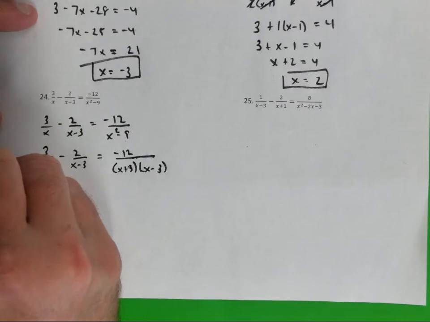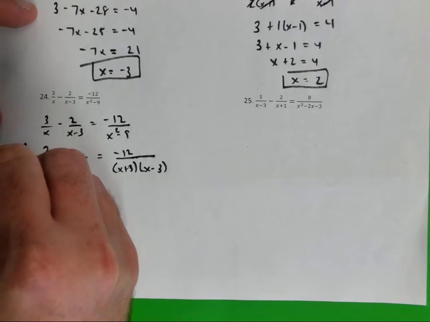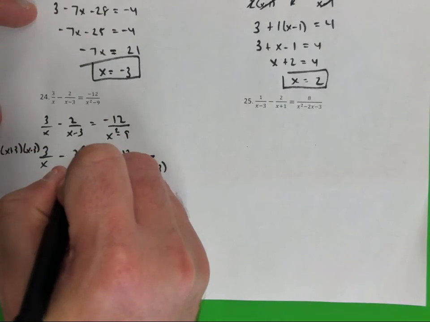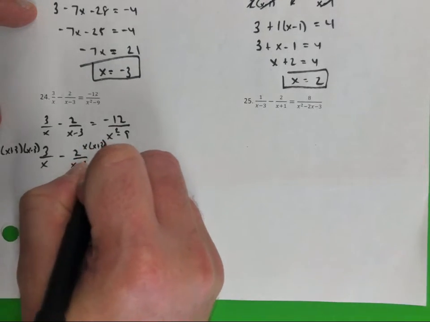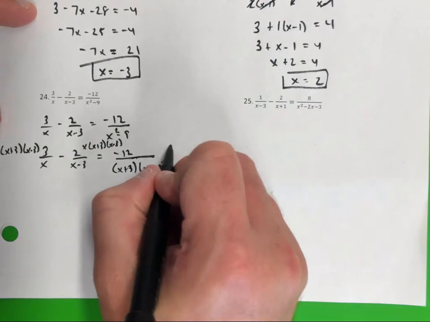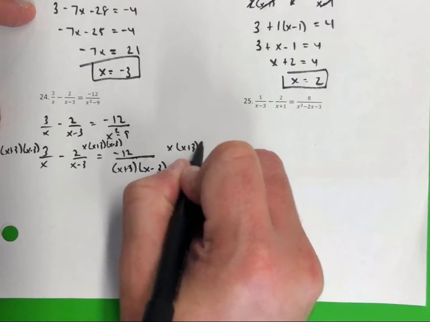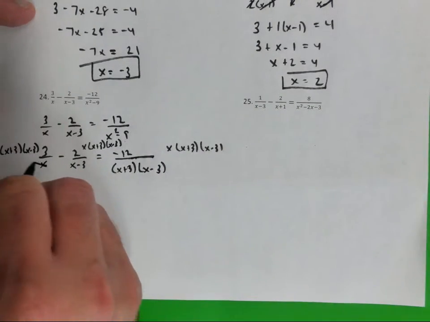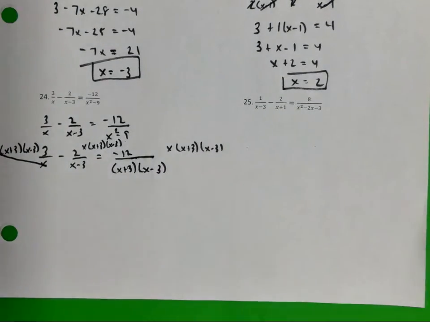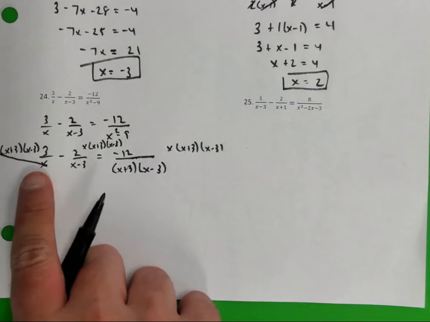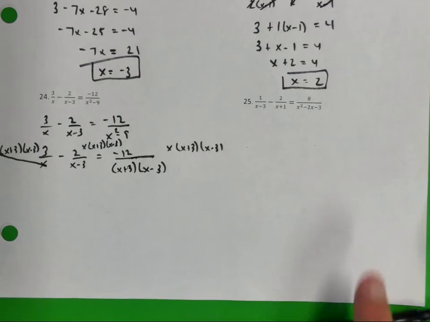So I'm going to come over here. x plus 3, x minus 3, and start canceling. Why is there an x down there? Because you had an x over here. Because you can't take anything times x to make it look like x plus 3, x minus 3. If you multiply anything by x, that would be 3x, and that's not the same thing as x plus 3. So you have to settle for everything.